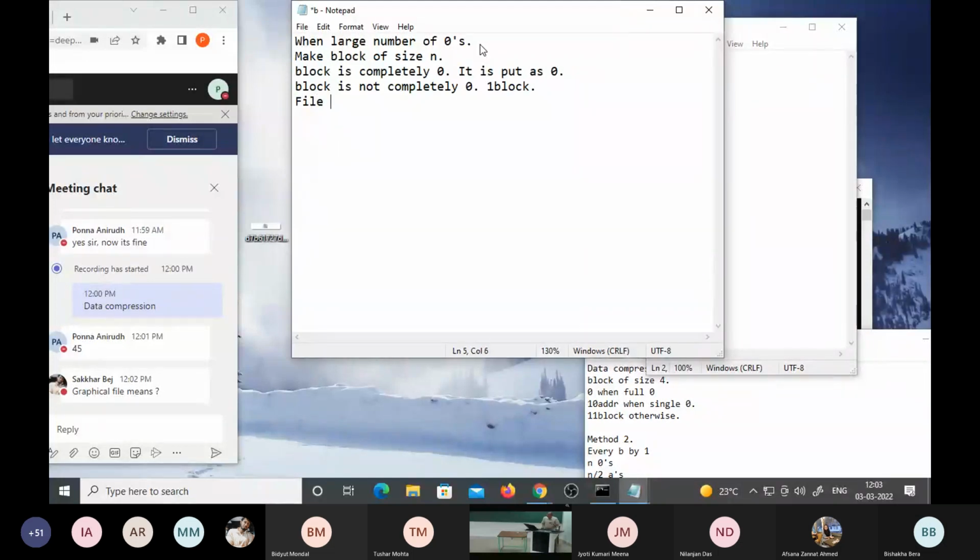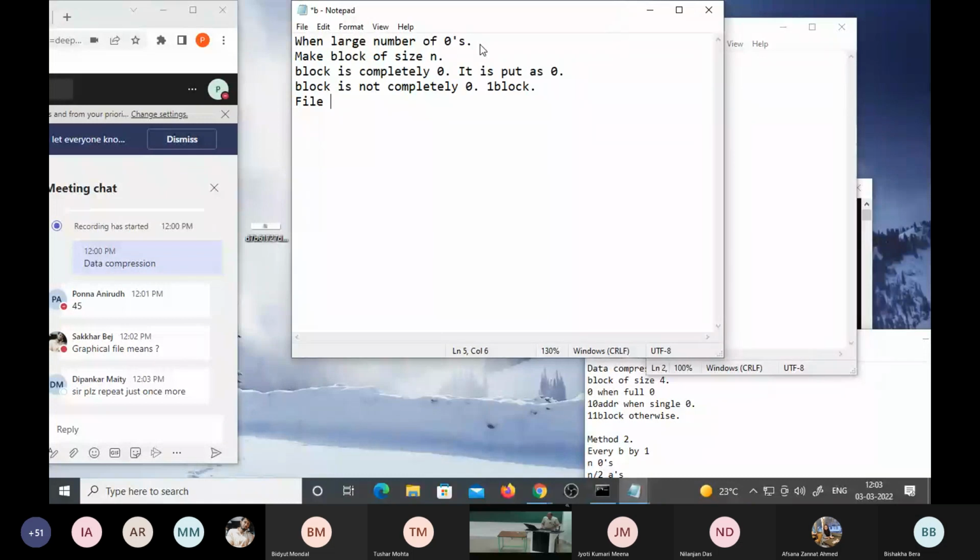Suppose our file is 1 0 0 1 0 0 0 0 0 0 1 1 0 0 0 0 0 0 0 0 0 1 1 0 0 1 1 0 0. So this is our file. Okay, I am repeating it.